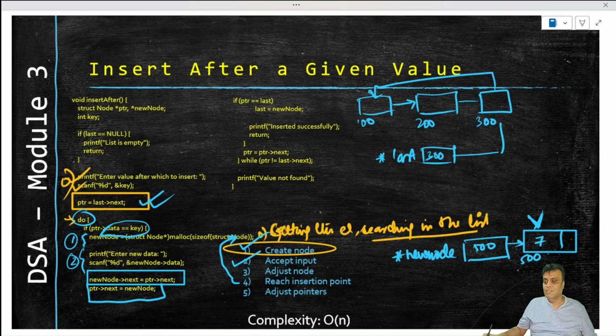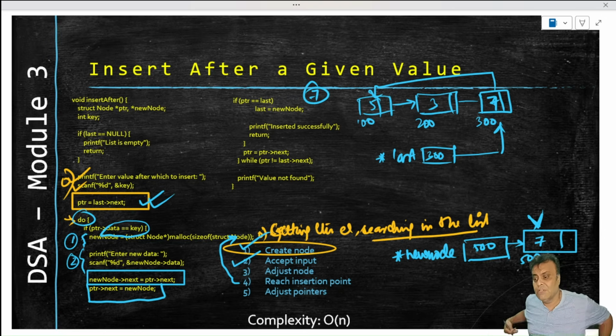If this is the case and my element being searched is 7, right? So we have 5, 3, 7. Now if this is the case, then what do we see? What should we do? We see that I'm searching for 7 means I will reach last. Who will reach last? Pointer will reach last, because through pointer only we are traversing. So pointer will become, first it will become 100, then it will become 200, then it will become 300.